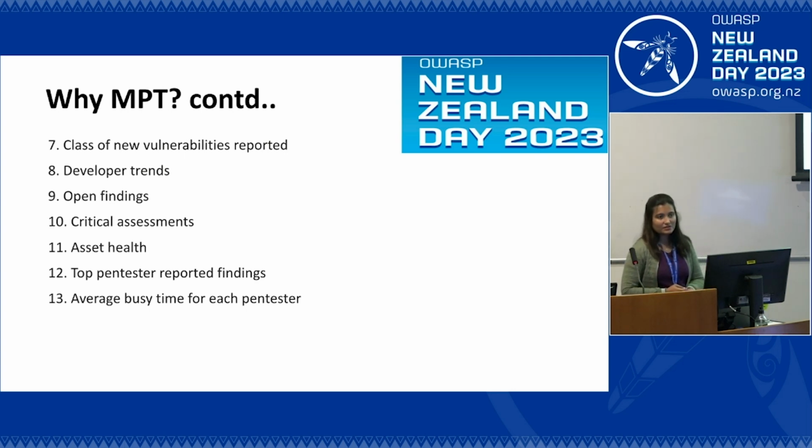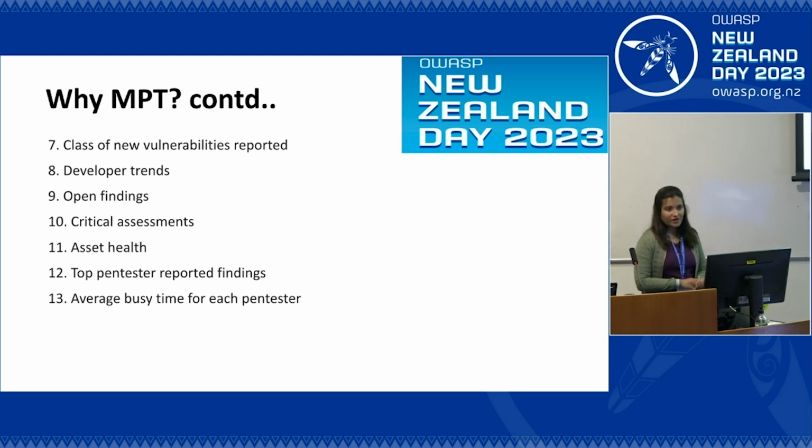Open findings, this basically relates to your current risk posture. Critical assessments: for some organizations, if they are releasing payments functionality, it is much more crucial than maybe their HRM, because there is a direct association with financial loss there. Asset health: how your particular module or department is doing in terms of health.